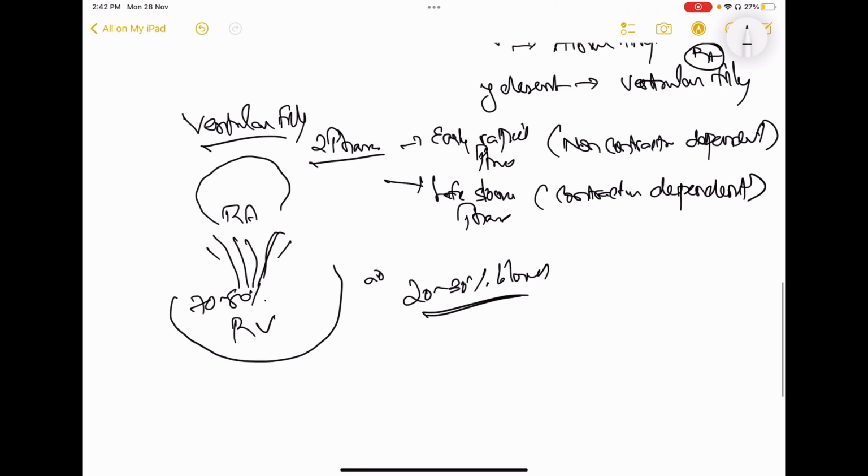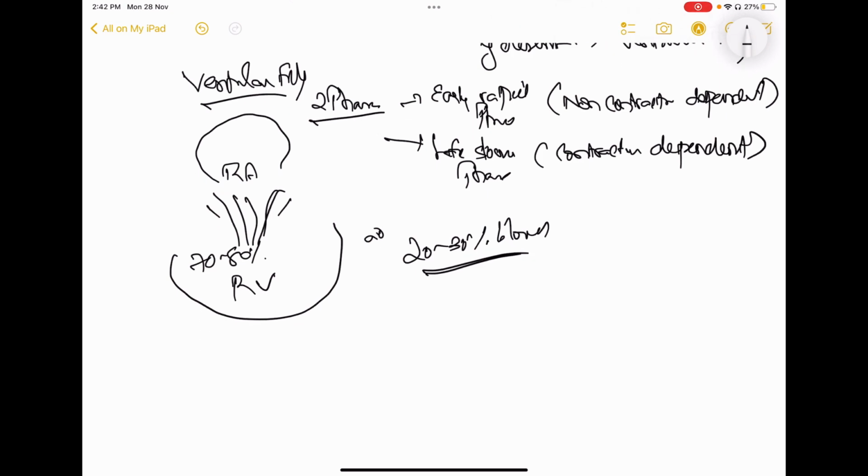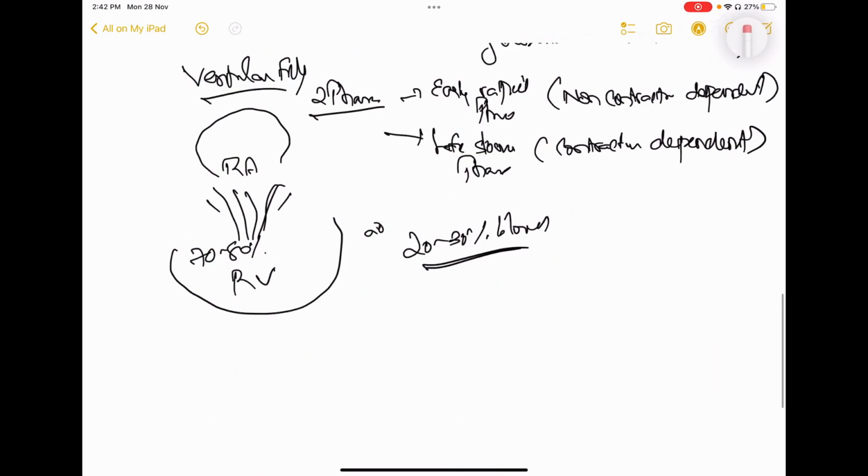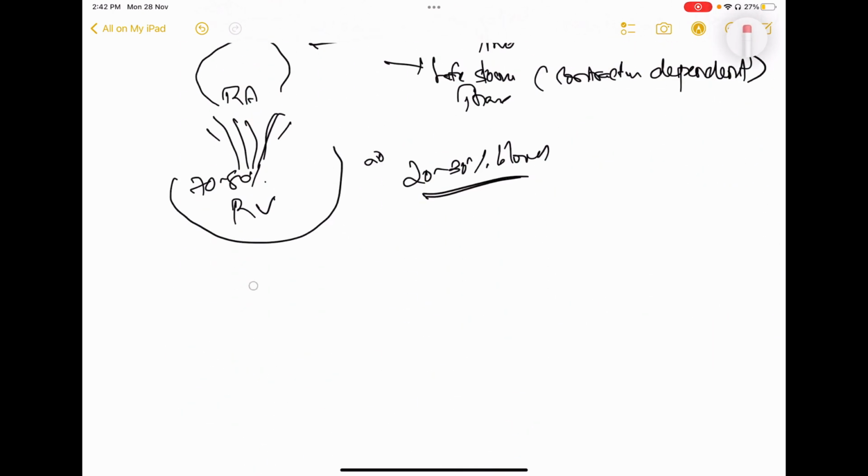And one more important thing that they might ask you in the exams are some pathological changes in the JVP waveforms. For example, you'll see large A waves in the following conditions.